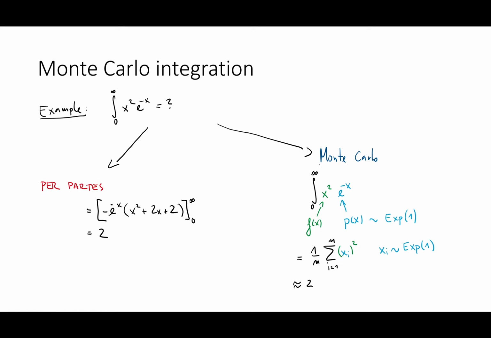So basically, I can solve this integral by sampling from the exponential distribution with parameter 1, plugging these samples into the square function, and taking an average of those to arrive at my result. If n is equal to 1000 or 10,000, I'm very likely to arrive at a number that's close to 2. And I actually did it, and it's true, so I'm not skimming off the top here.